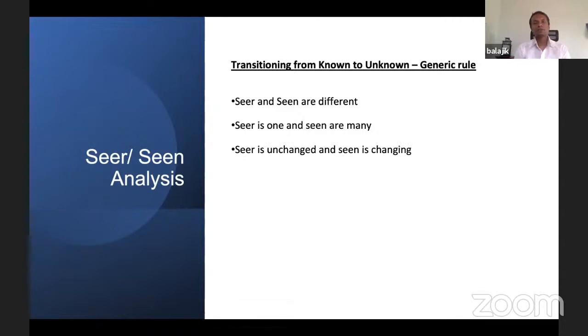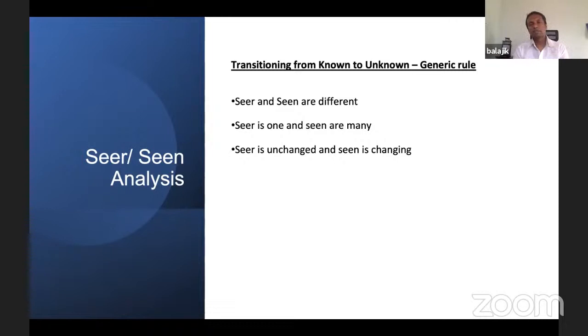The third one is seer is unchanged. So seer remains constant here, and seen is changing. Our seer right now is the I, but the seen is changing.